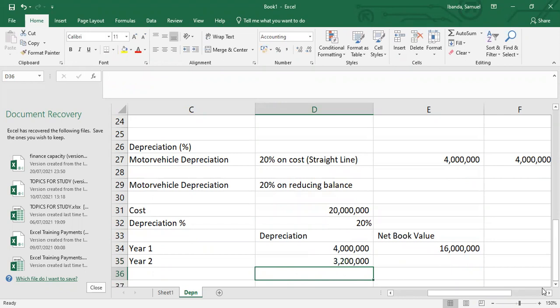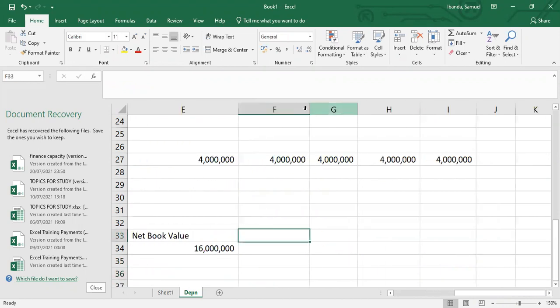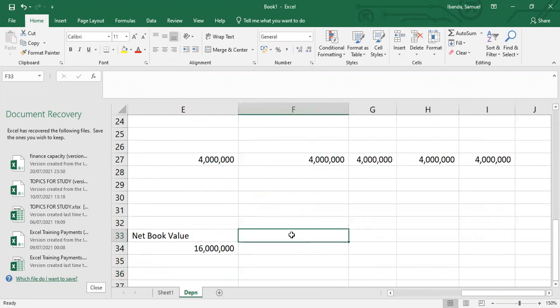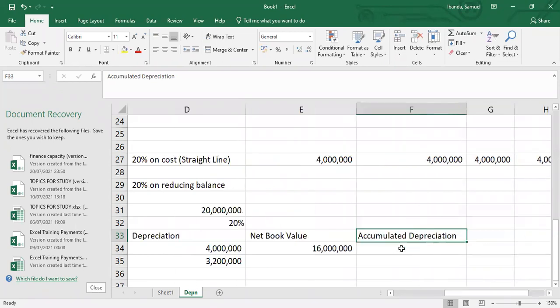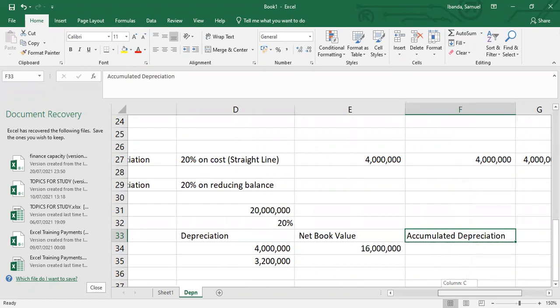Now there's something I've brought in here, the word accumulated depreciation. The word accumulated depreciation is very, very similar to depreciation.